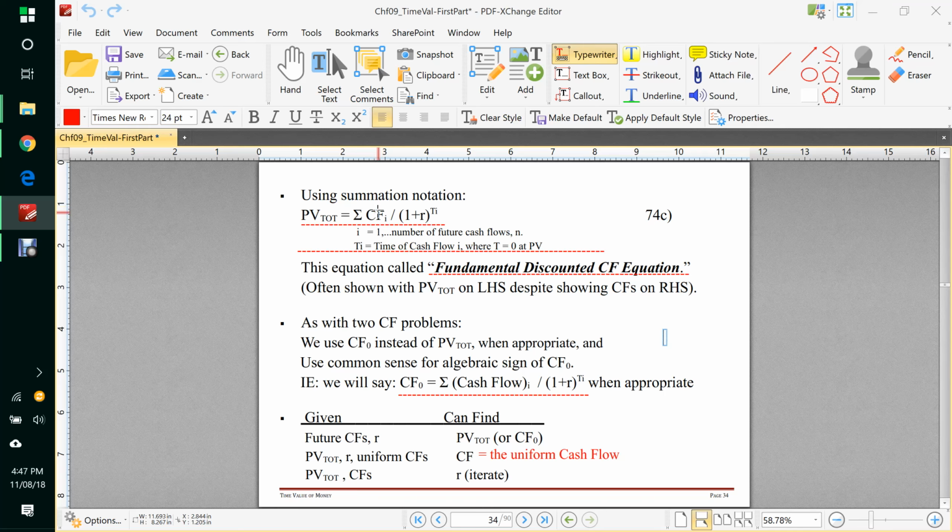And as we all know, if we have a constant, we can bring it outside of the summation sign, so that's going to make it easy to solve for. Similarly, if we know PV tote and we know all of the cash flows, we'll be able to solve for r, but it's going to be difficult. We're going to typically need Excel, and we'll see.